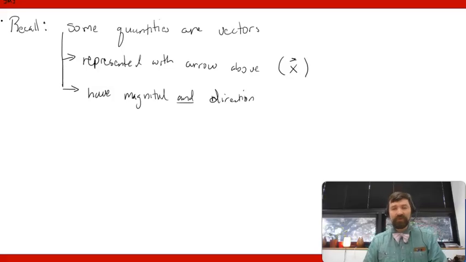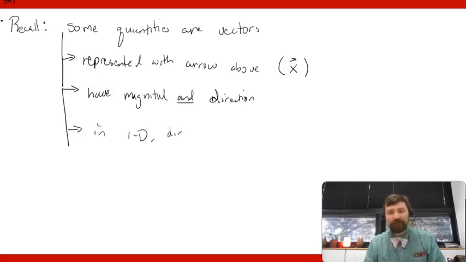And in 1D, we have represented direction using plus and minus signs. That basically means, for example, with velocity, an object which is moving to the right has a positive velocity. An object which is moving to the left typically has a negative velocity.